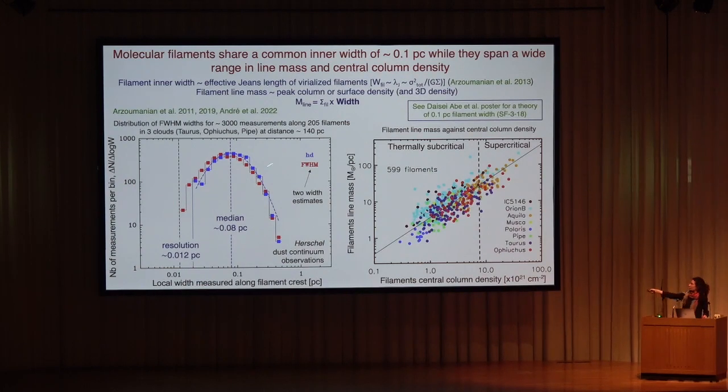And here I show the distribution of the inner width of filaments observed in nearby regions, where the Herschel resolution is 8 times better than the median width observed towards these filaments, which suggests that this width is well resolved and gives an indication of the physical property of the filament.